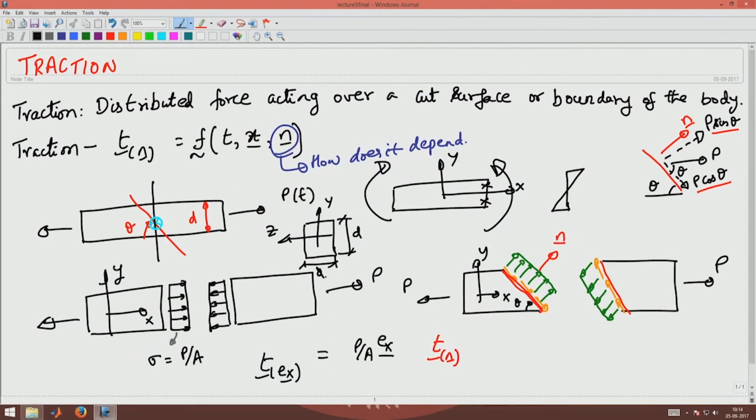So the area here would be P by d squared e_x. Now what is this inclined area?